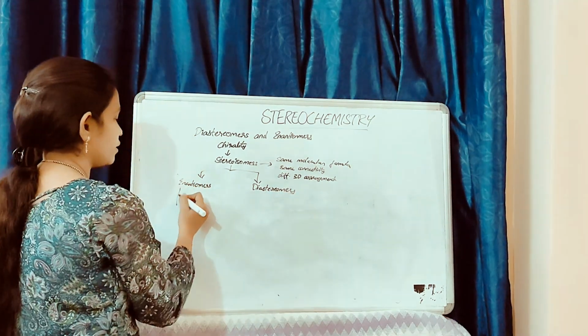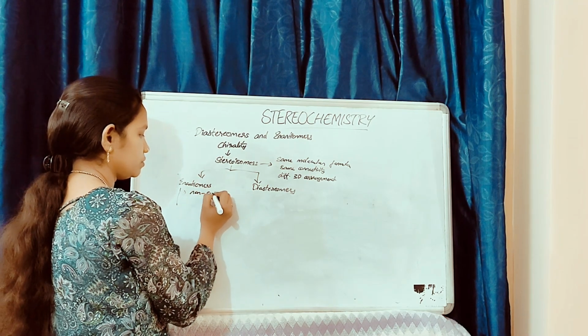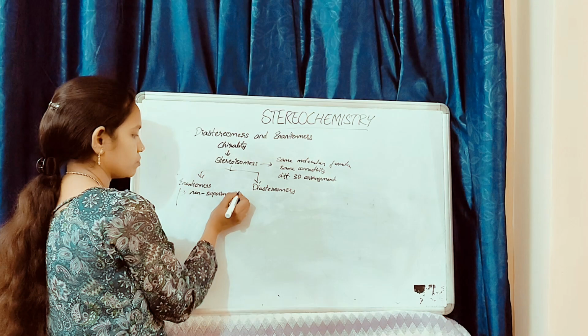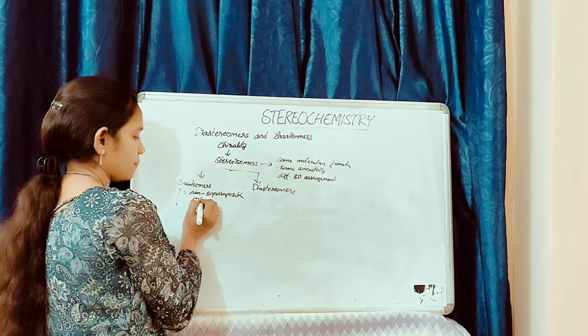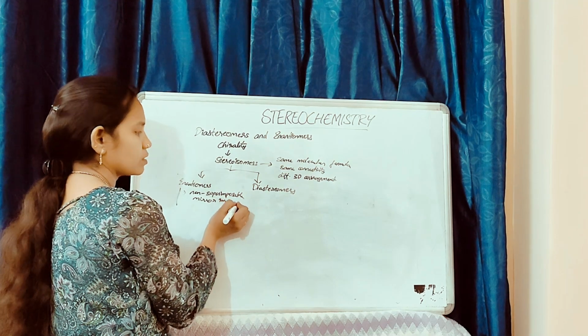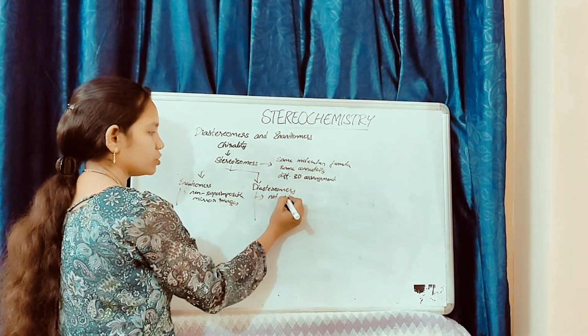Now what are enantiomers? They are non-superimposable mirror images. And what are diastereomers? They are not mirror images.